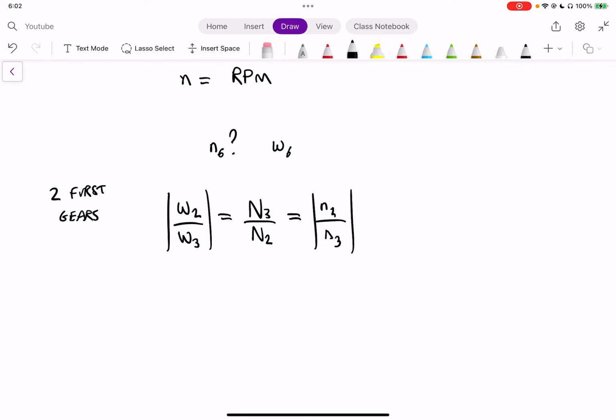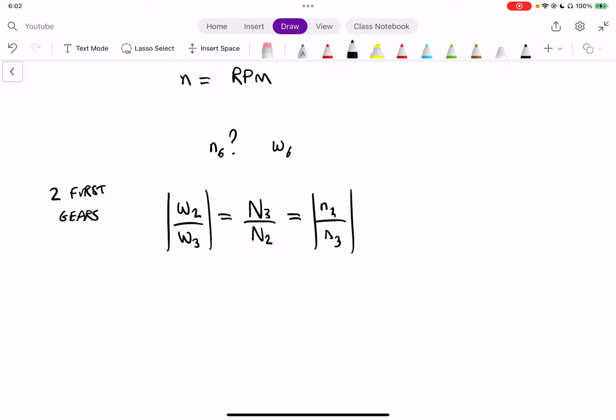We know the number of teeth of each gear because we can count them visually. So we can rearrange that equation and say that n sub 3 is equal to negative n sub 2 times N2 over N3.